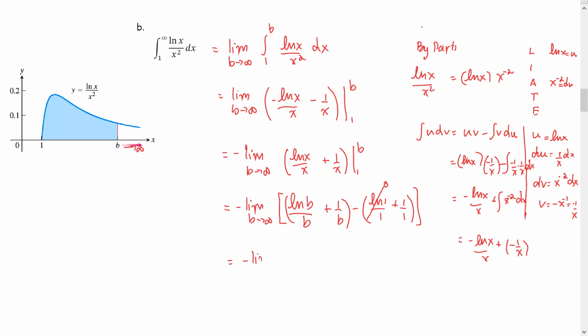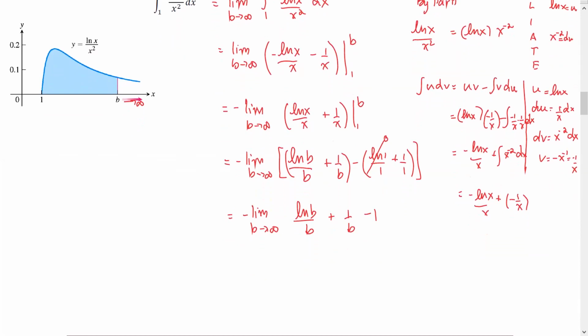Now we are going to find the limit as b approaches infinity of natural log b divided by b plus 1 over b minus 1. For the second term, as b approaches infinity, 1 over b approaches 0. For the first term, use L'Hopital.